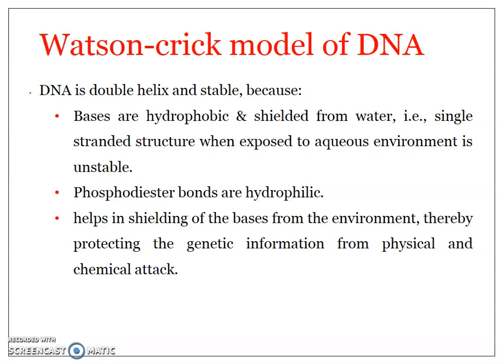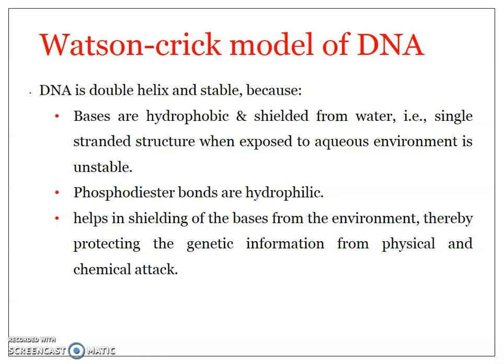What is the genetic information? The genetic information is stored in the sequence of the nitrogenous bases, because that is what is specific, and that is what is read during transcription, and mRNA is formed based upon the template of the bases on the DNA. So the sequence of bases is actually the genetic information, and it has to be protected from physical and chemical attack.